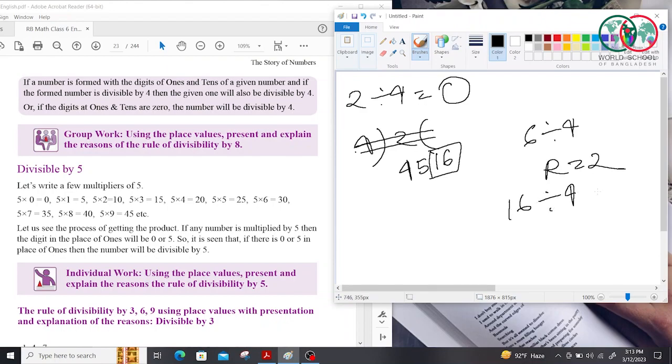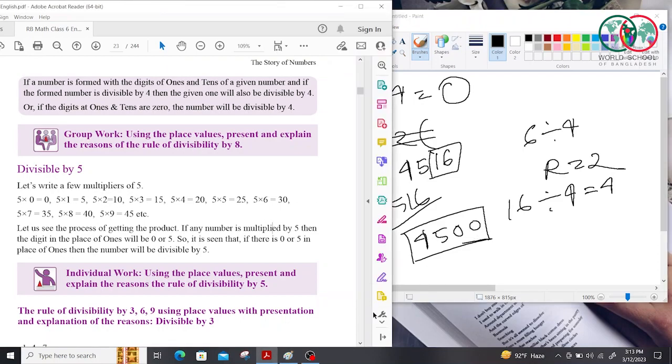If we divide 16 by 4, we get 4. That means this whole number will be divisible by 4. And if the digits at ones and tens are 0, the number will also be divisible by 4. That means if the number was like this, then this will also be divisible by 4.